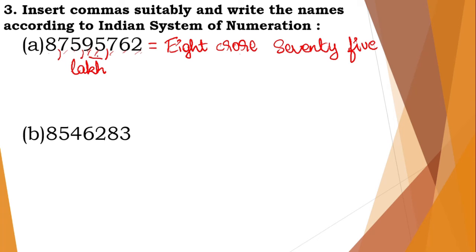After 75 here we have 95. So we will write 95. And after 95 we have 1, 2, 3. So after 95 we have 3 digits. So 3 zeros we have in 1000. So 95,000.